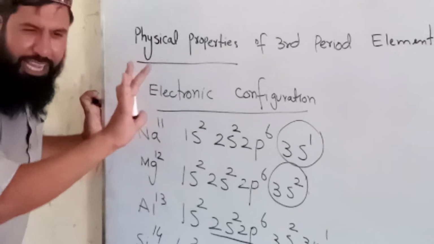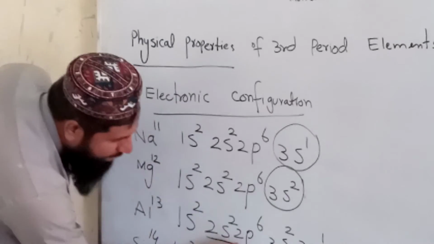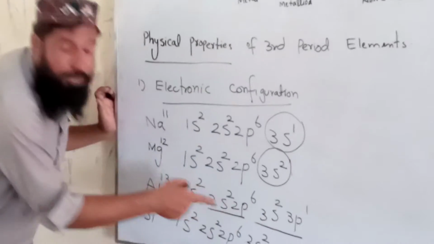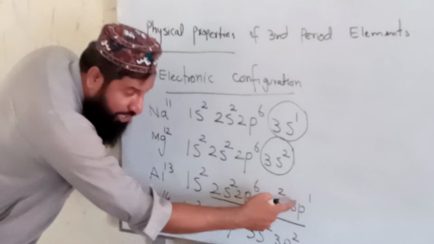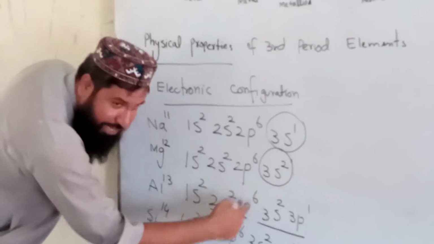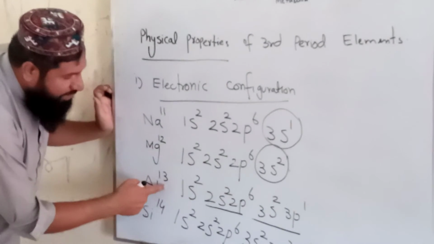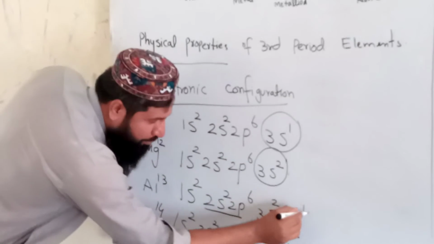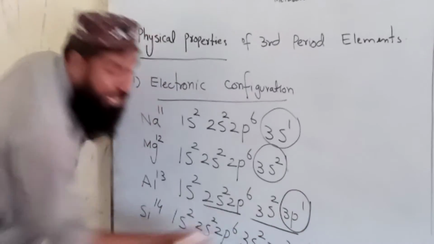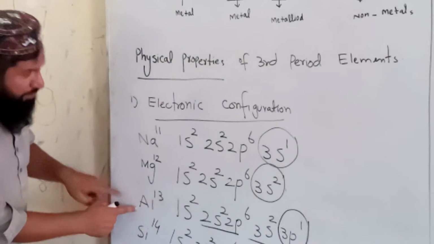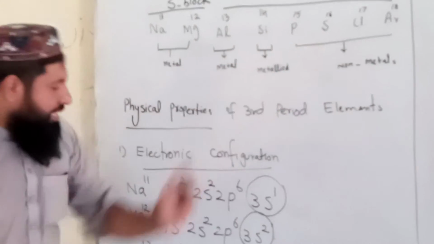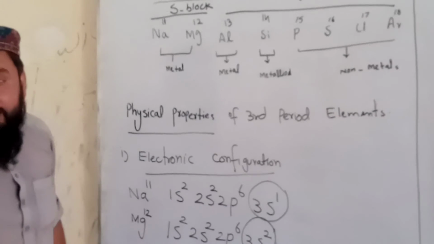The second shell can only accommodate 8 electrons. And this is the third shell. 2 electrons come to the S, and the remaining third electron, electron number 13, comes to the P subshell. That is the reason aluminium and the rest are the P block elements.